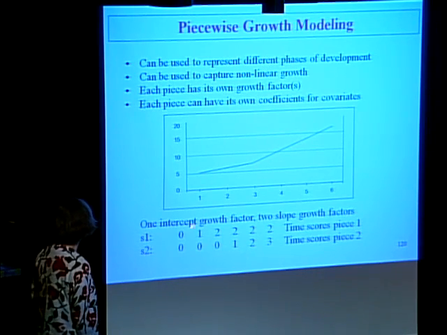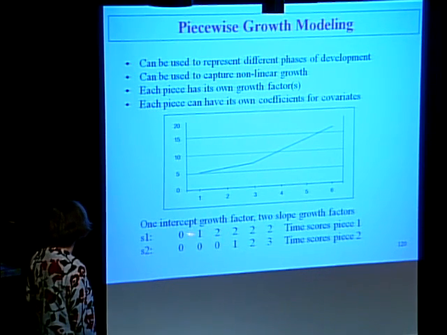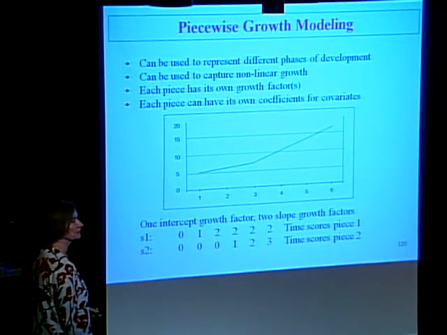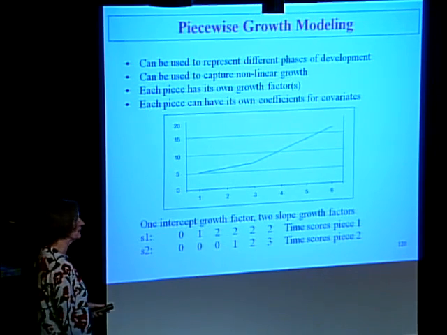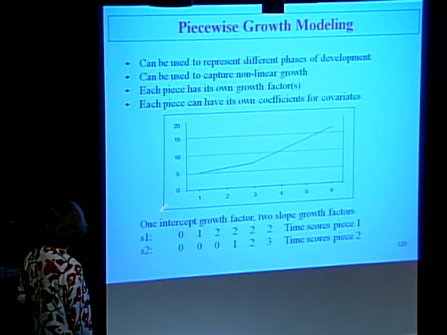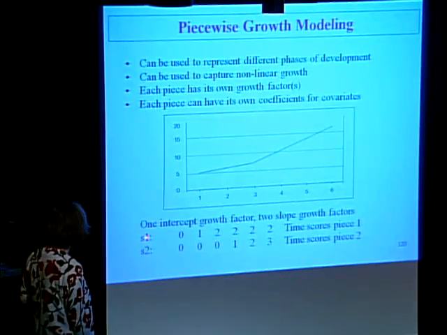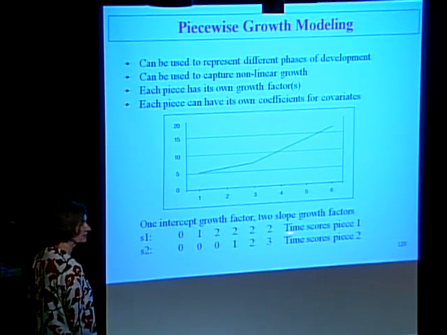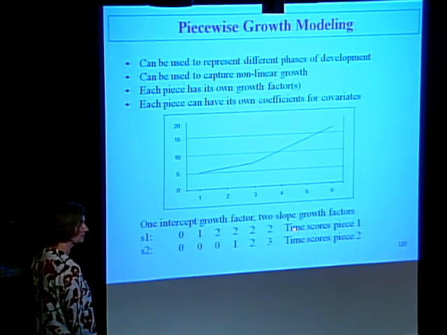And the first piece would be the first 3 occasions, and the last piece is 3, 4, 5, and 6. And you develop your time scores just to match this. So let's say you think you have linear growth here. So for the first part of the model, S1, the slope growth factor, your time scores would be 0, 1, 2. And then you just continue with 2s the rest of the way.